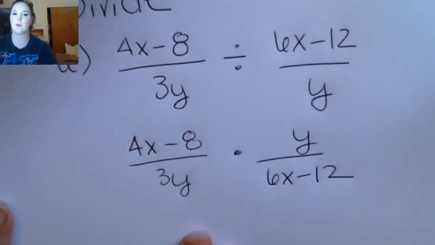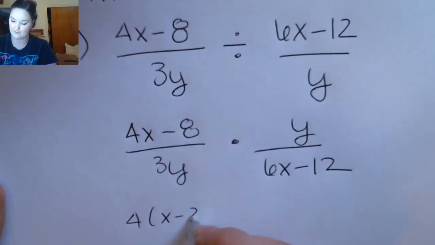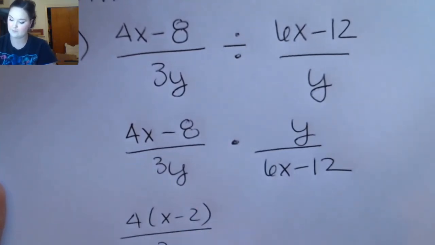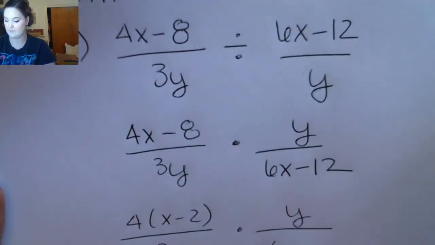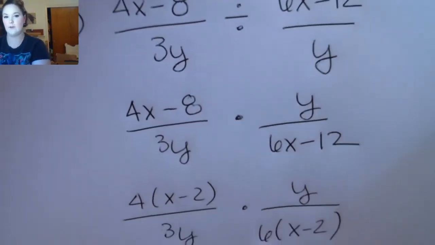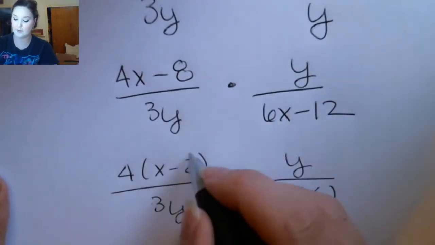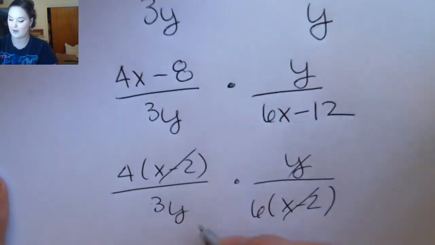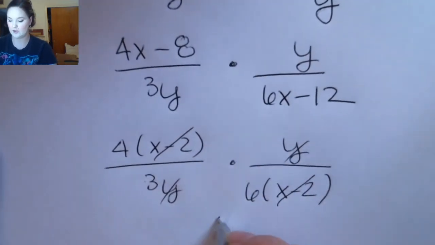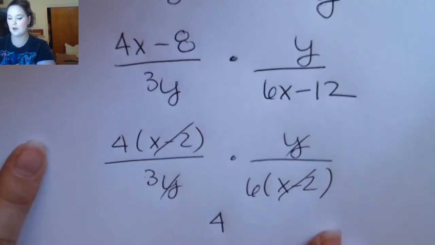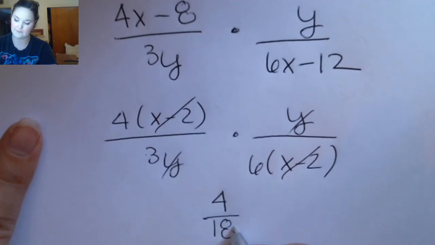Now we're going to do everything else. So we're going to factor. Then we're going to cancel our common factors, which here is going to be x minus 2, x minus 2, y, and y. So what's left in the numerator, we just have 4, and in the denominator, it looks like we have 3 times 6, or 18.